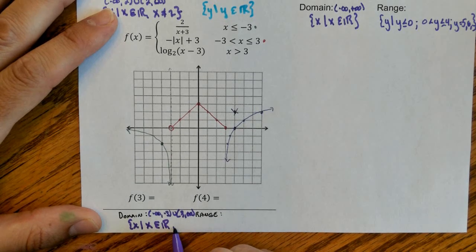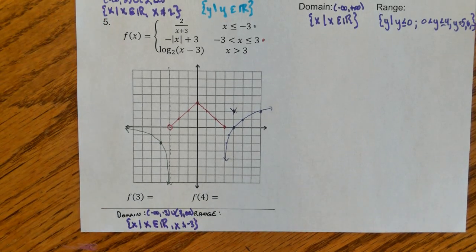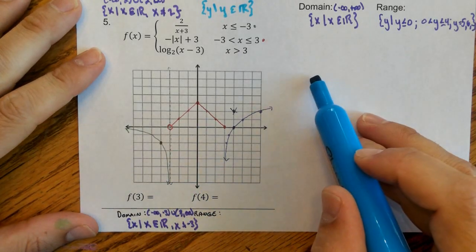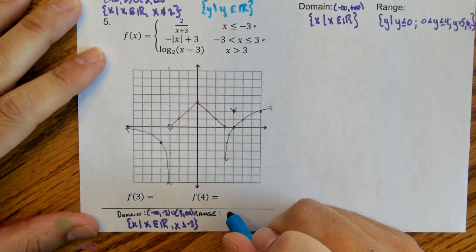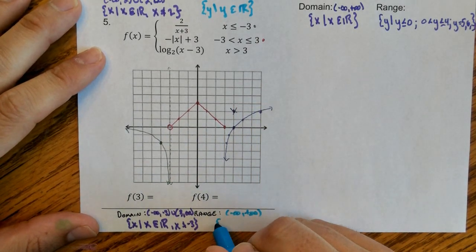X is all real numbers, but x does not equal negative 3. So interval notation, set notation, your choice. Okay. For your range, we have a negative arrow here, we have a positive arrow here, everything else in between is covered, so this is all real numbers.